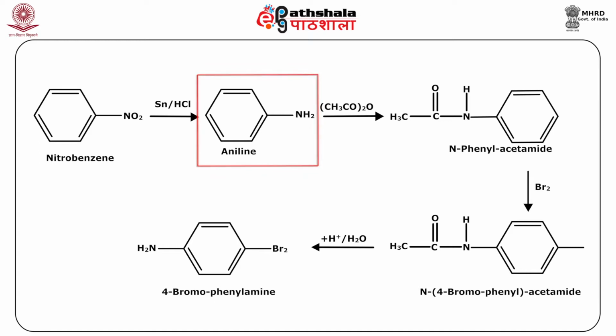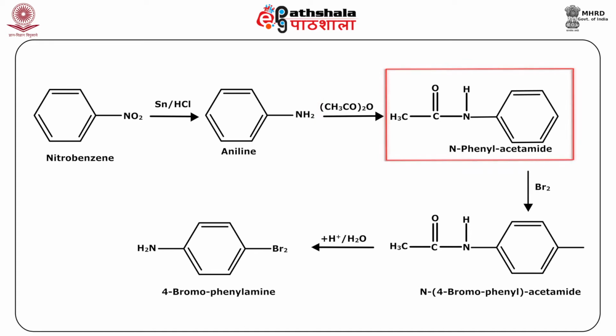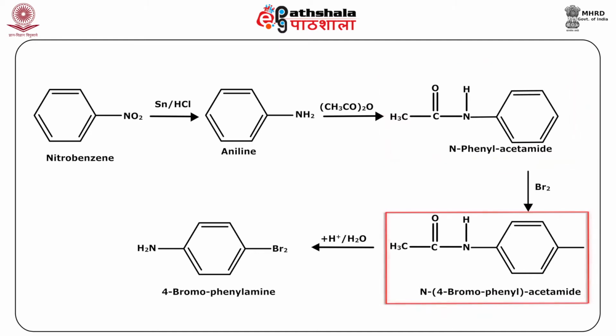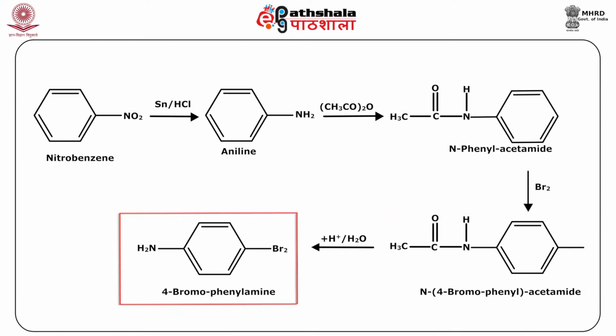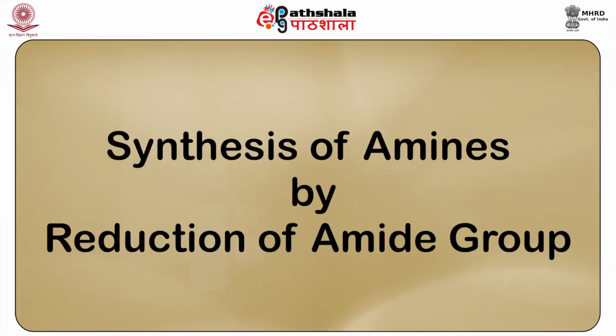Aniline is then acetylated using acetic anhydride to form N-phenylacetamide. N-phenylacetamide is brominated using bromine to N-4-bromophenylacetamide. In the last step, N-bromophenylacetamide is then hydrolyzed to 4-bromophenylamine.